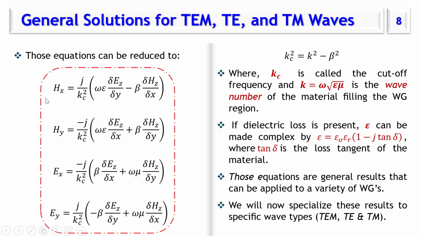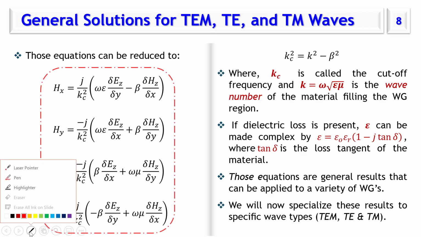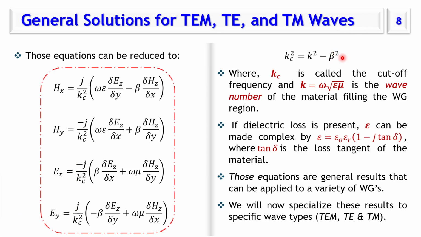In these equations, Kc squared equals k squared minus beta squared. Beta here is the propagation constant. K is the wave number. Kc is called the cutoff wave number, and we're going to learn very shortly why it is called cutoff.